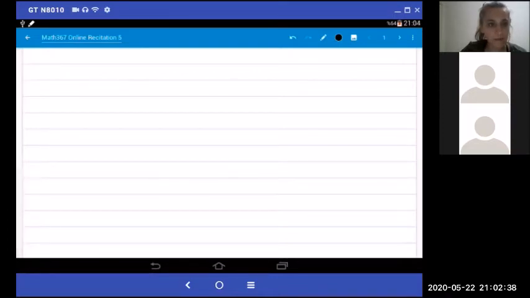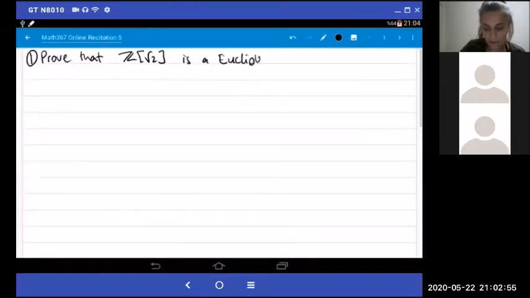No. Okay. The first one is to prove that Z root 2 is a Euclidean domain.